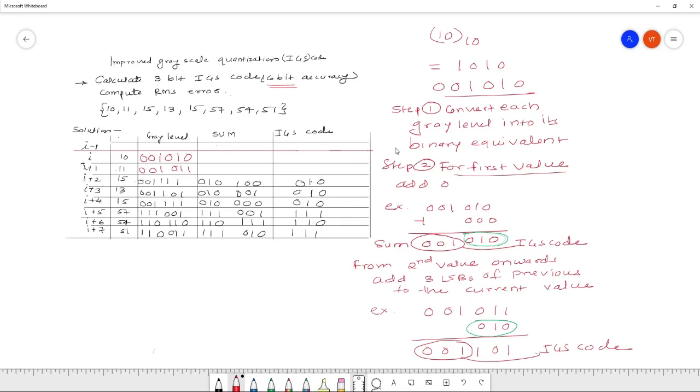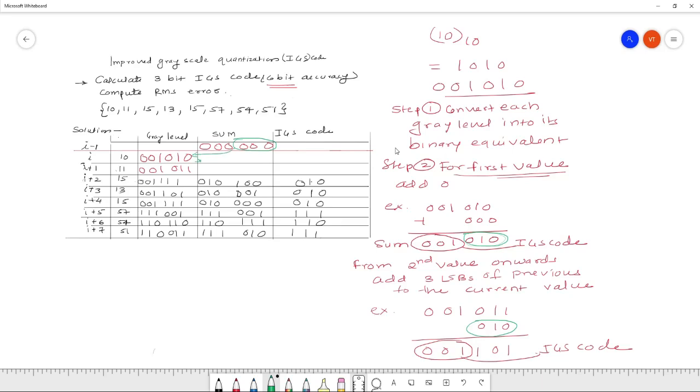What is step 2? For the first value, add 0 to the number, because there is no previous value. Every time we have to add the previous sum to the current value. So we'll write here 0000000. What we have to do is add these lower bits to this number to get this.